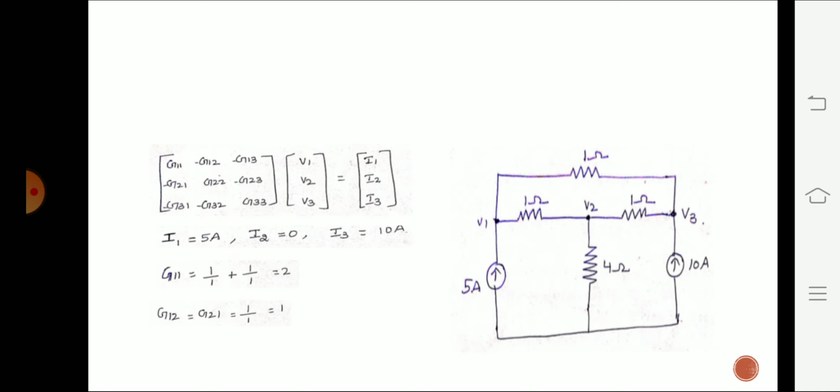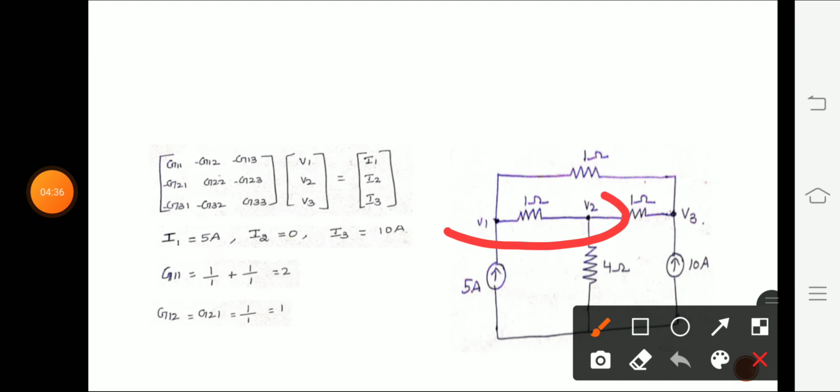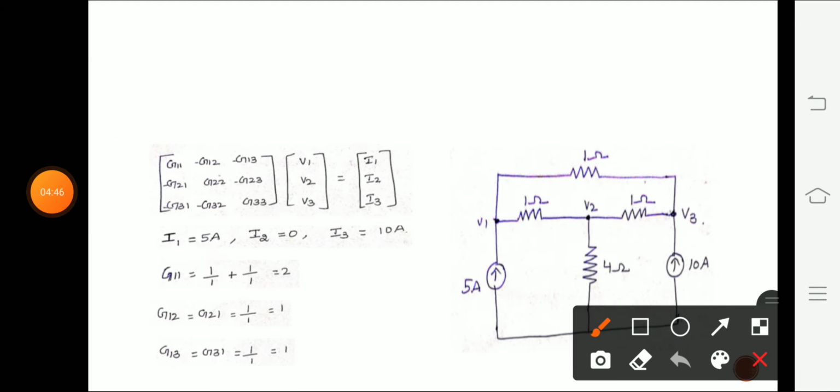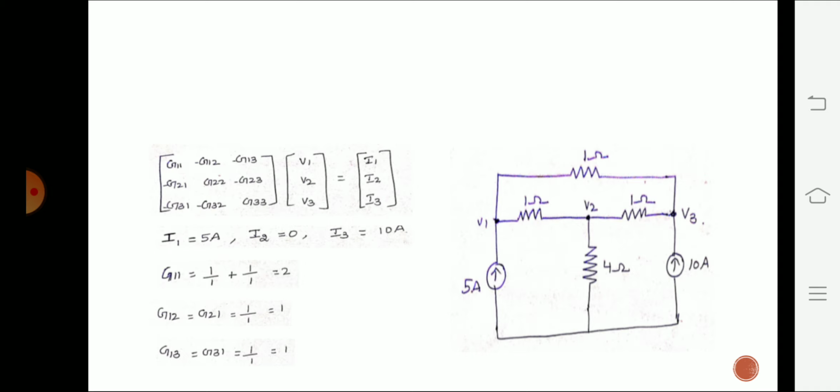And G12 is equal to G21. It is the resistance connected between points 1 and 2, which is 1 ohm. Next we find G13. The resistance connected between the first node and the third node is 1 ohm.